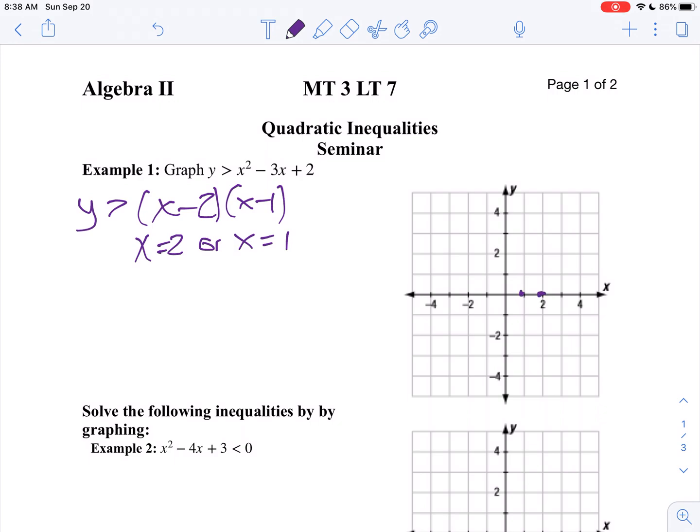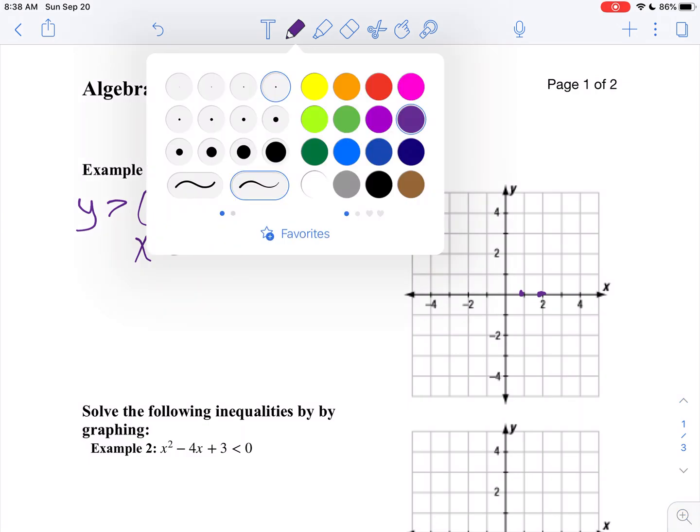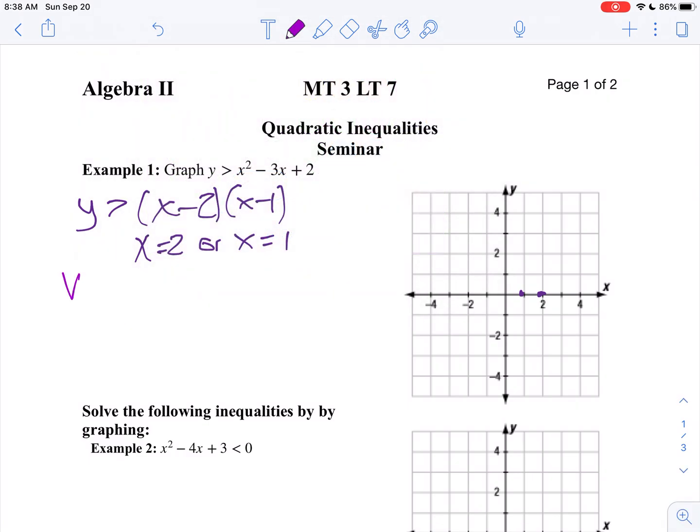Well, your vertex is going to be the average of your intercepts. So the average of 2 and 1 would be 1.5, or 3 over 2. I need to find the y, though.